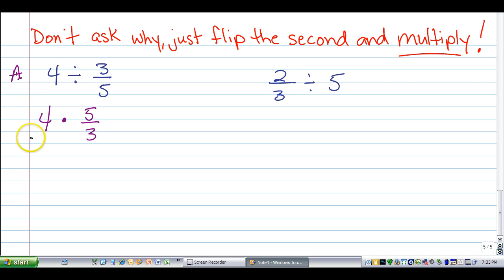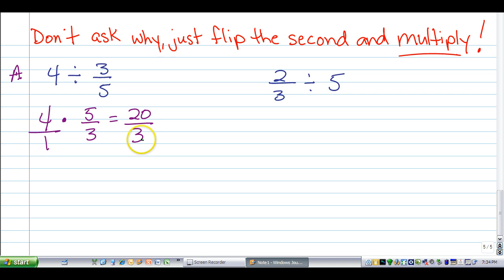Now remember, we want to multiply fractions, so I put a 1 underneath that 4. And now I multiply across. 4 times 5 is 20. 1 times 3 is 3. 20/3. It is an improper fraction, so we need to change it to a mixed number.